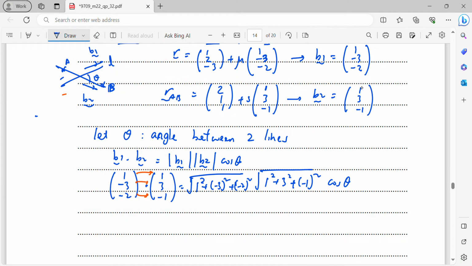So here I will get 1 times 1 plus negative 3 times 3 plus negative 2 times minus 1 equals, the first one, square all, it will be 14, and the second one will be 11, then cos theta. For the left hand side, 1 minus 9 plus 2, you will get minus 6.